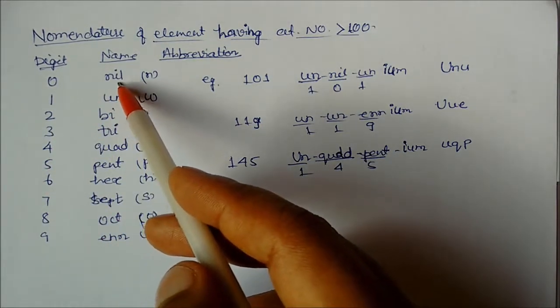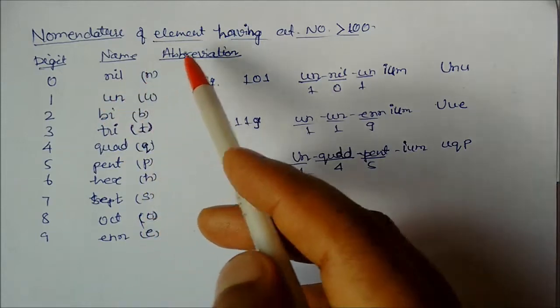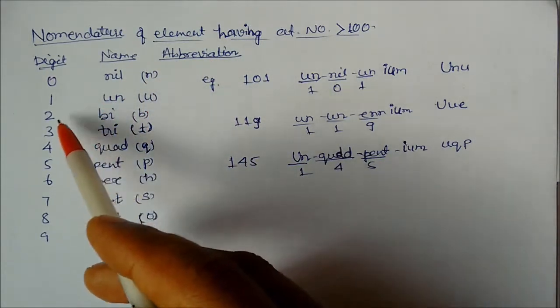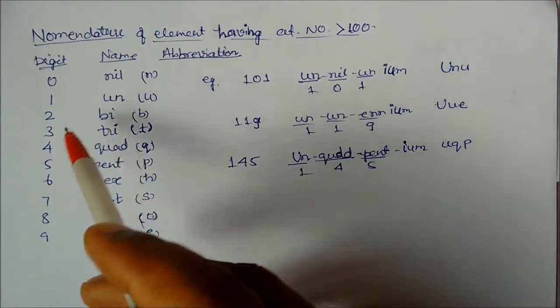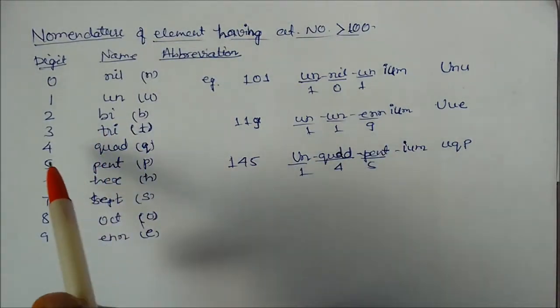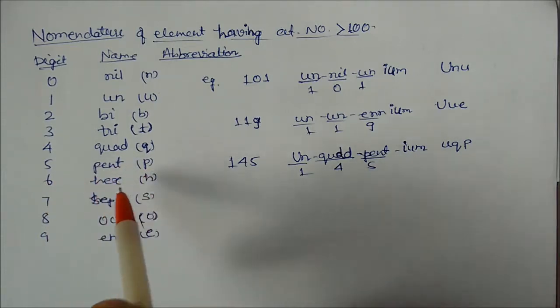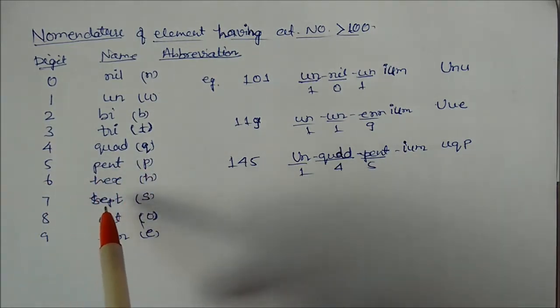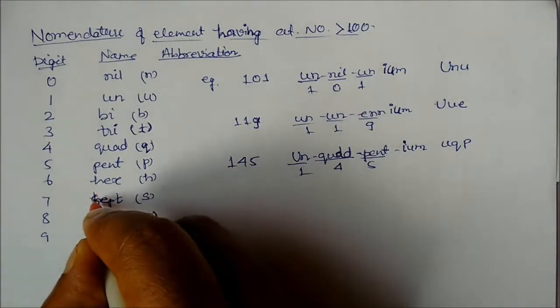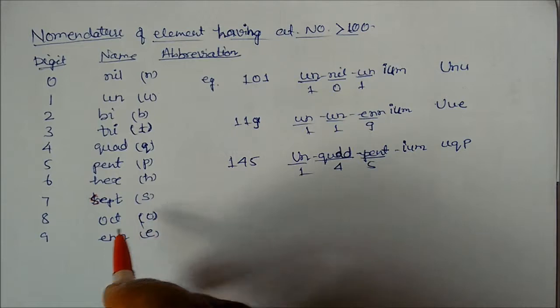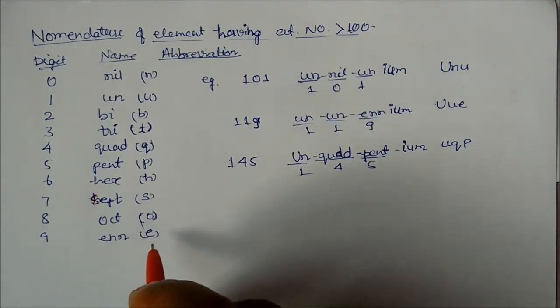For 0 the name is nil, abbreviation N. For 1, un, abbreviation U. 2 is bi, B. 3 is tri, T. 4 is quad, Q. 5 is pent, P. 6 is hex, H. 7 is sept, S. 8 is oct, O. 9 is enn, E.